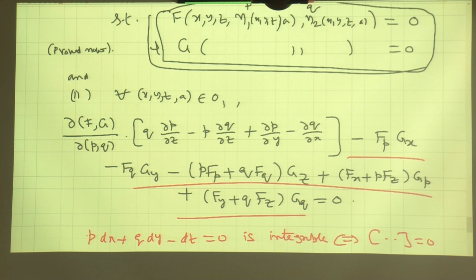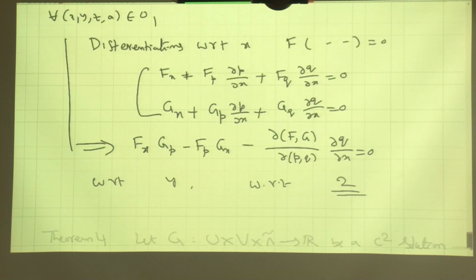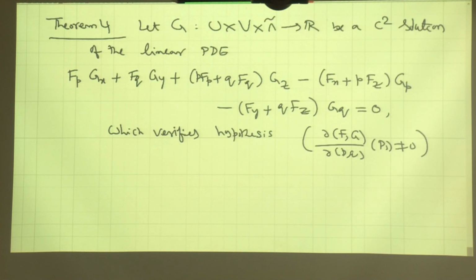Linear or quasi-linear? Linear, no? Because what are the coefficients? Let us look. You know the difference between linear and quasi-linear, no? Quasi-linear, at least in two independent variables, we saw, is A(x,y,u) ux plus B(x,y,u) uy is equal to C(x,y,u). That means, what is unknown there in that example? u. Here the unknown is G. Does G appear in the coefficients?